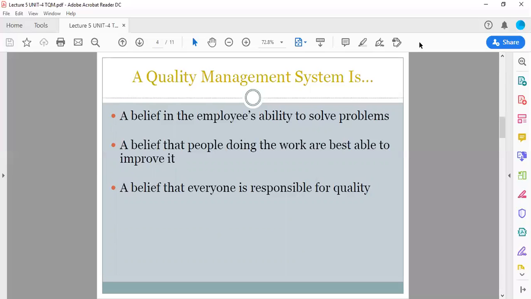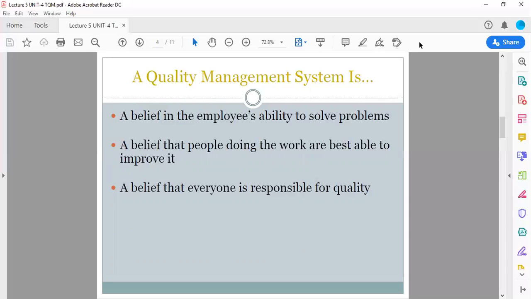We have to build belief in the people, by taking the factor that he is the one who is doing the work, and he is the one who can do the best work from it. Okay, next is a belief that everyone is responsible for the quality. Quality management means a belief in the employee's ability to solve the problem.